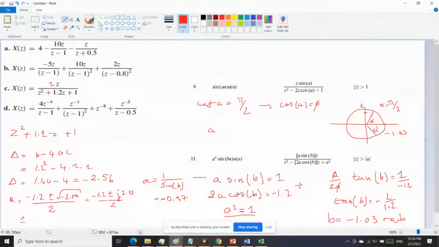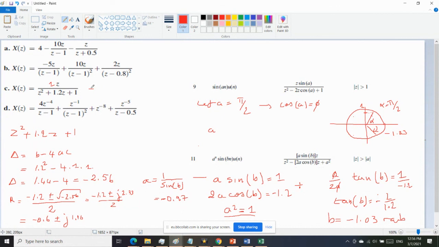So this becomes minus 0.6 plus or minus j 0.8. So these are the two roots.